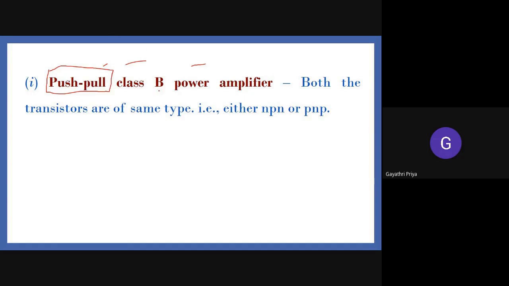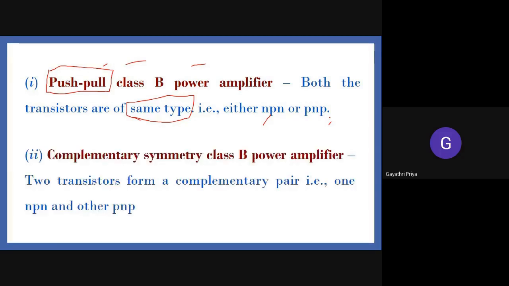In push-pull, we make use of the same category of transistors. If one is NPN, the other is also NPN. If one is PNP, the other transistor is also PNP. They are connected in push-pull mode. The other one is complementary symmetry. Complementary means exactly opposite.